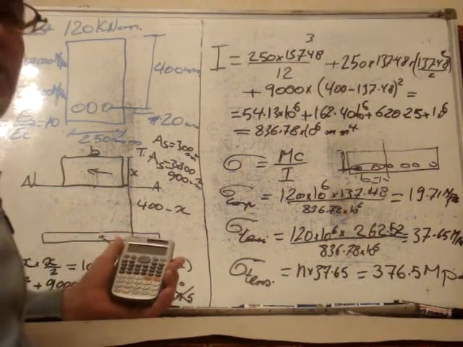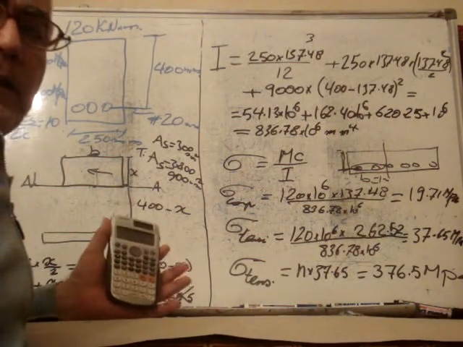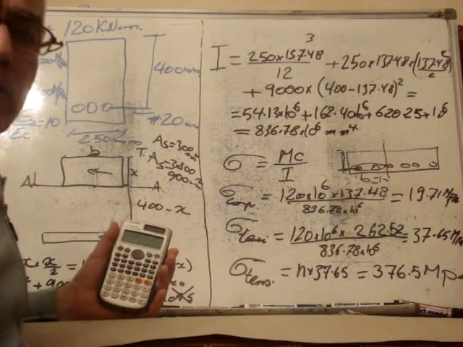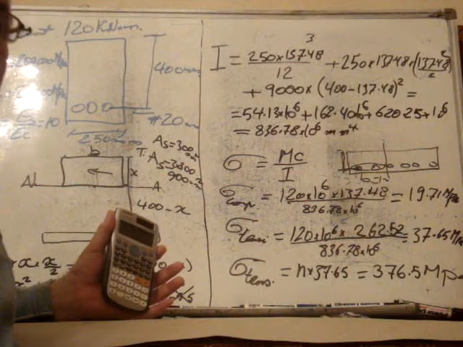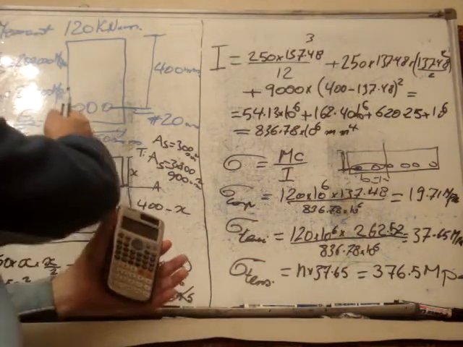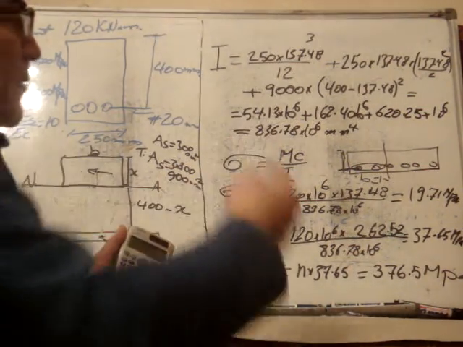But the only difference here is we take a wider section for the base of the beam. Here we have 250 millimeter, there we take 1 meter.